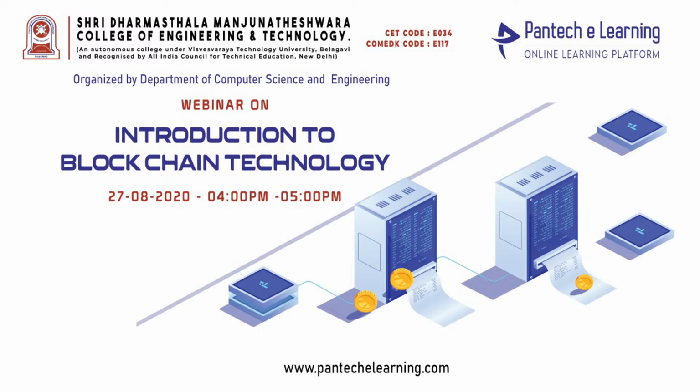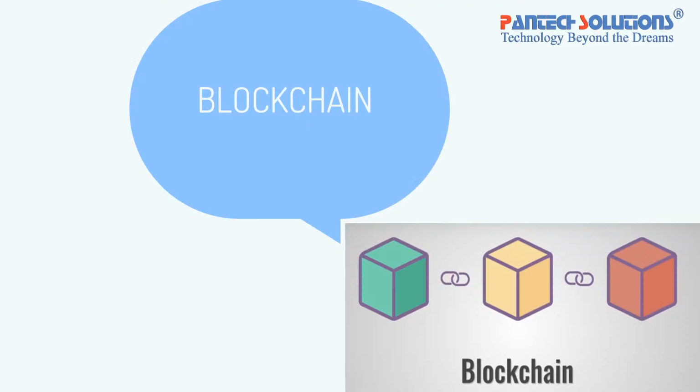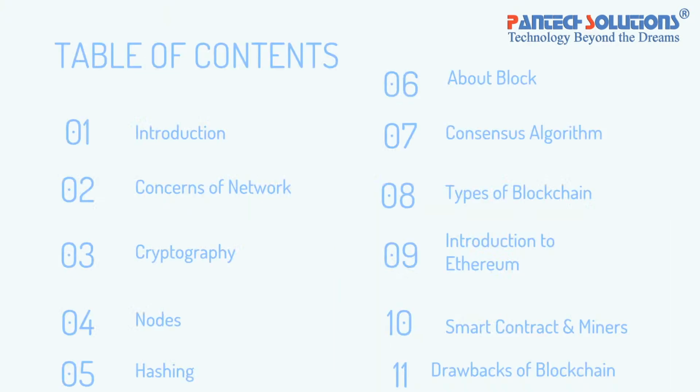Let me start. So this is all about blockchain. The table of contents: introduction, consensus of network, and then cryptography, nodes, hashing, and then about a single block.